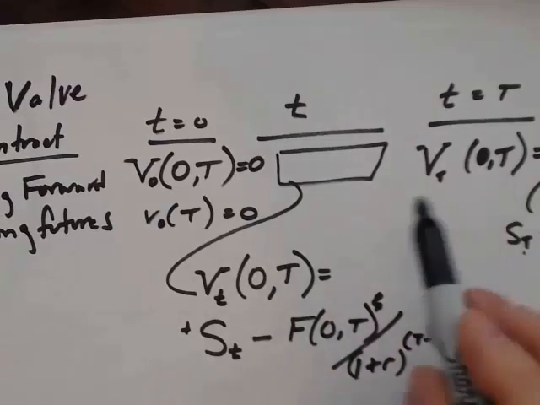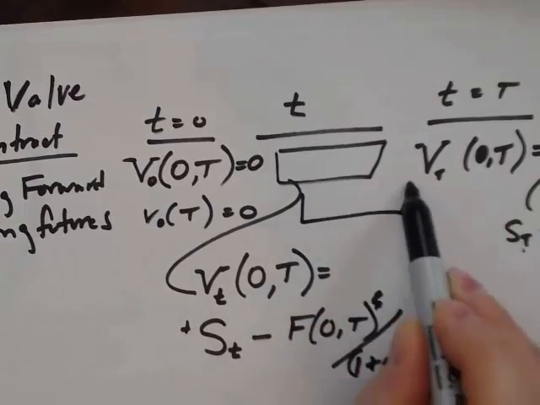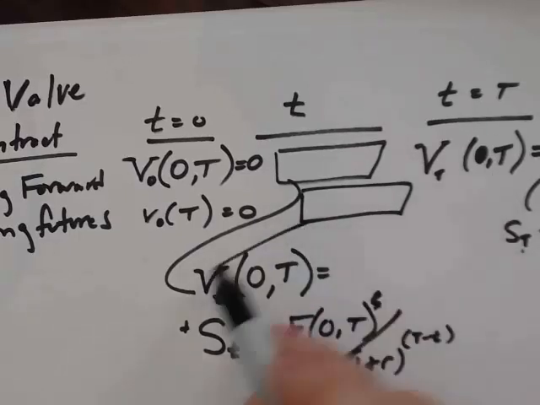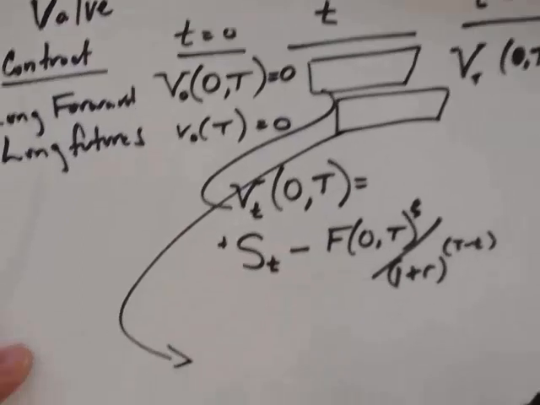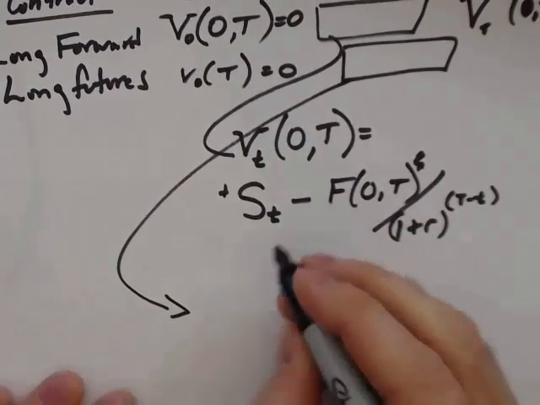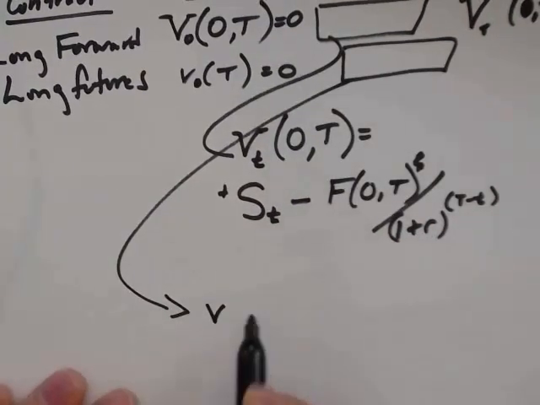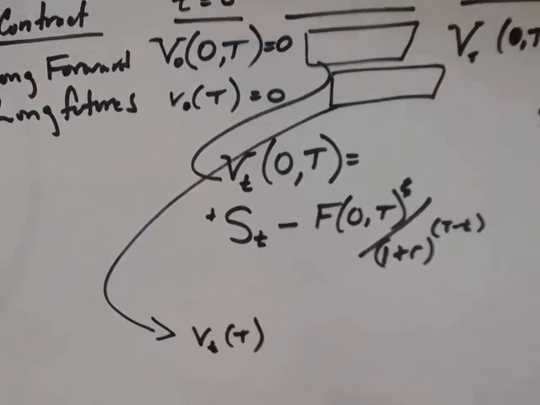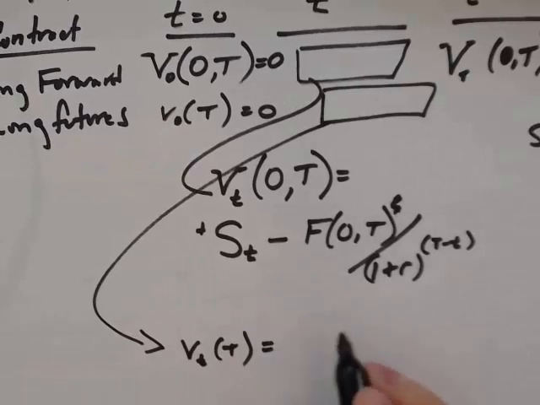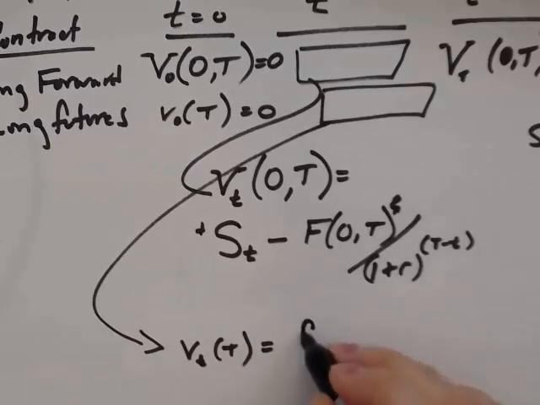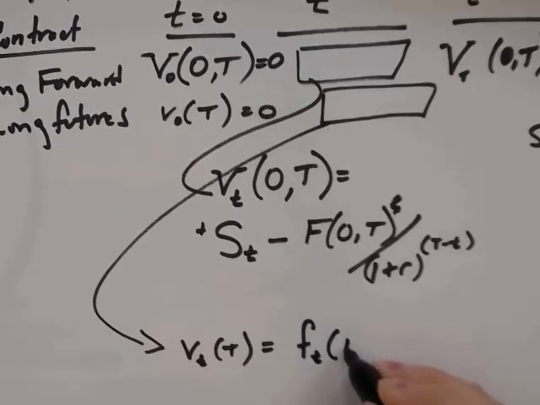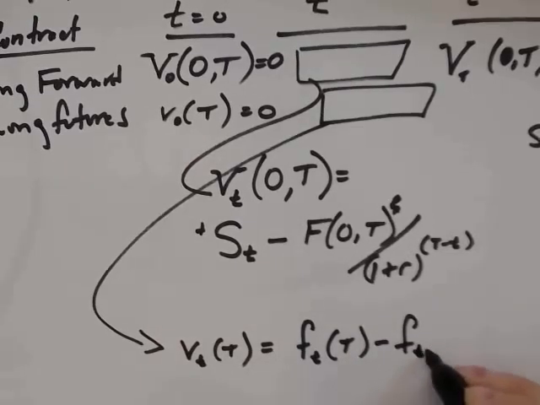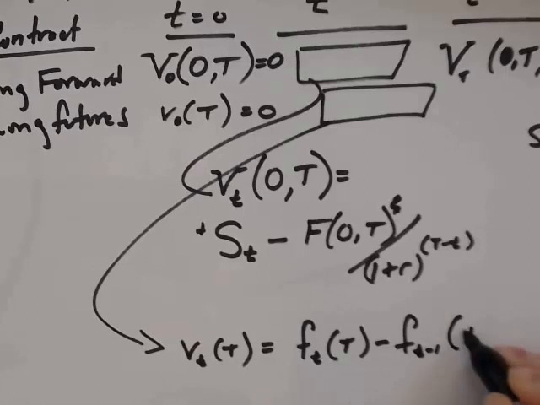So let's look at futures contracts here that are not subject to mark-to-market. The value of the futures contract, a little v, at time t for a contract that matures at capital T is the futures price at time little t minus the futures price that happened yesterday, so to speak.